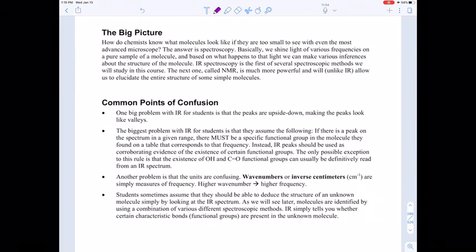Now, something I didn't mention before, the IR spectrometer has a detector that can detect if light is reaching it or not. It has a source, which is pretty much a light bulb that gives off infrared rays of heat. There's something called a diffraction grating inside the IR, and essentially it looks like this.